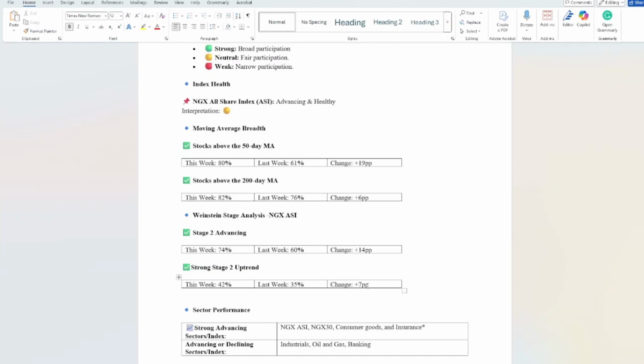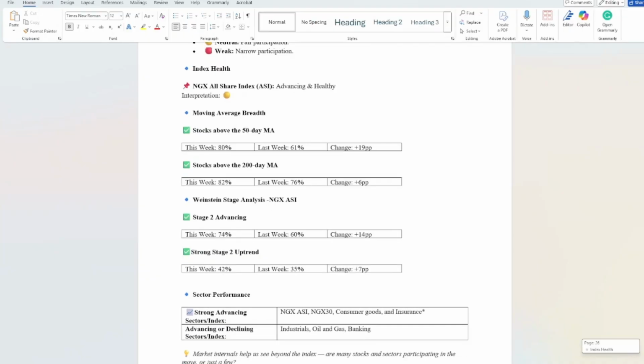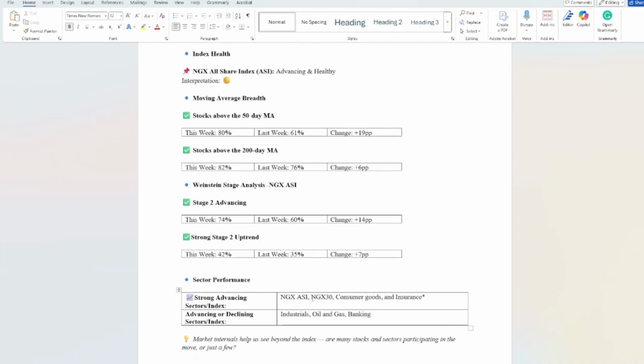With this data presented, let's then look at a qualitative summary of the market. I'm glad to mention that the NGX ASI is in an advancing phase. In fact, it's in a strong uptrend. The NGX 30, which is another basket of the 30 capitalized stocks within the market, is also in a strong uptrend.